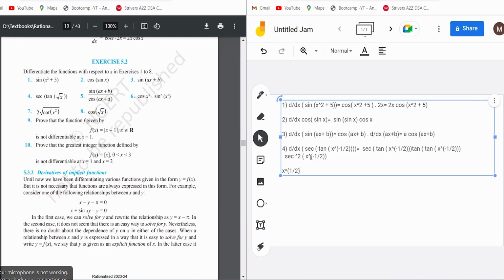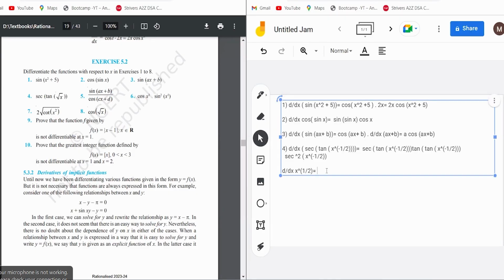How can it be differentiated? This can be done this way. d by dx of this thing is nothing but n x to the power n minus 1, which we read as the basic formula of differentiation: d by dx of x to the power n is n x to the power n minus 1.